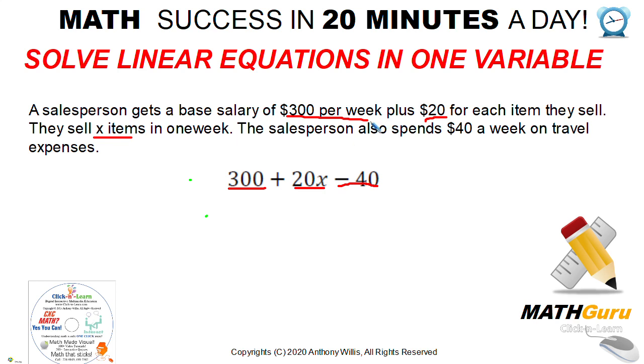Now if we know that the salesperson made $860 a week last week, we can set these two expressions equal to each other to create a linear equation. If the person made $860 last week, we can rewrite or create this equation.